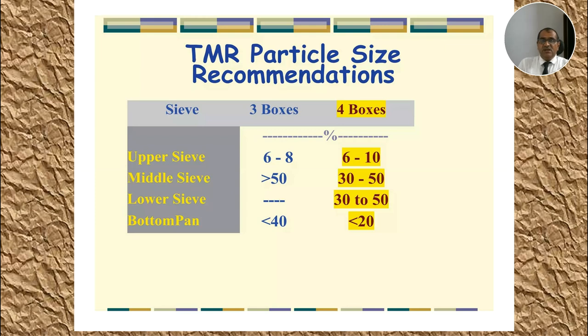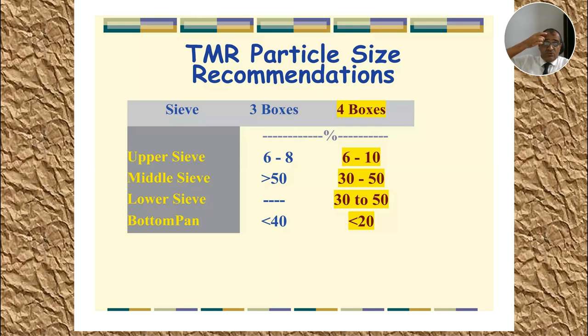Then the total mixed ration particle size recommendation is a sieve with 3 boxes or 4 boxes. The upper sieve should be 6 to 8%, and for the 4 box type it is 6 to 10.